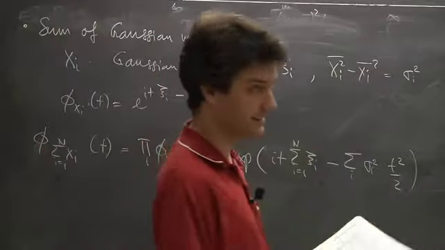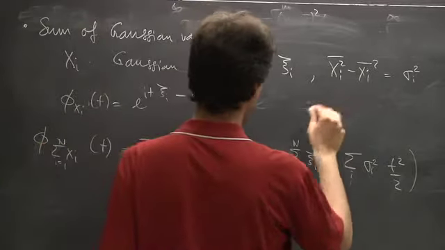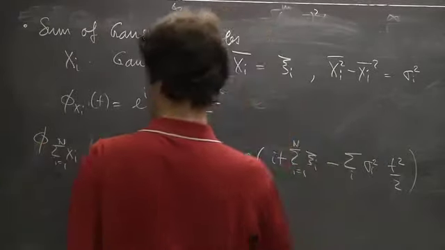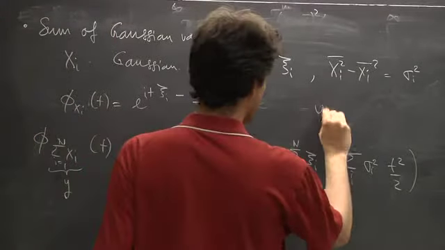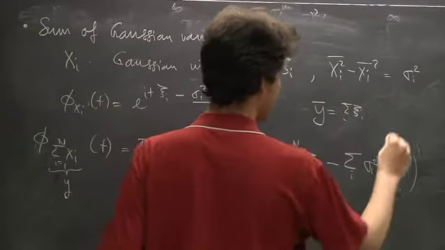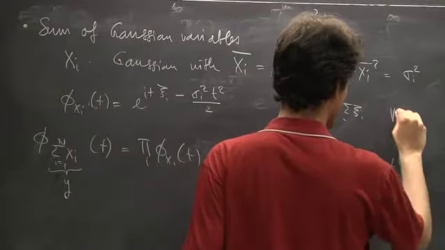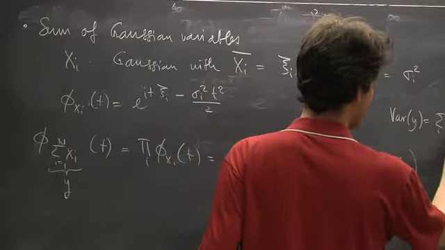Right, but that I know even if these are not Gaussian. So the mean of, let's call this variable y. So that y mean is the sum over x_i, and the variance of y is equal to the sum of the variances.